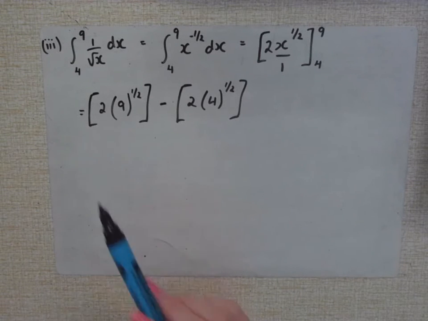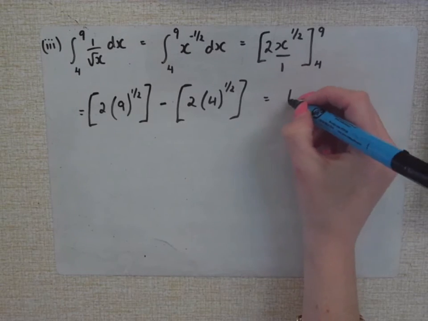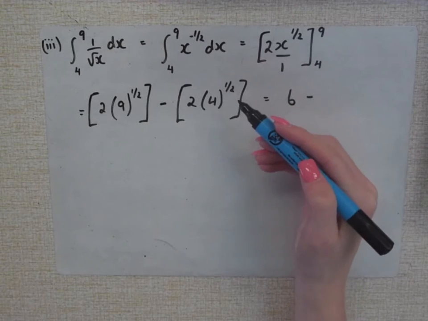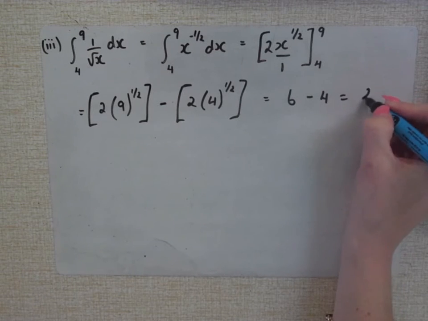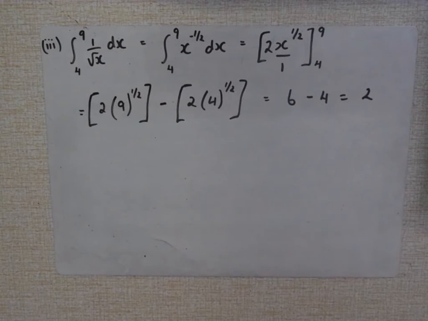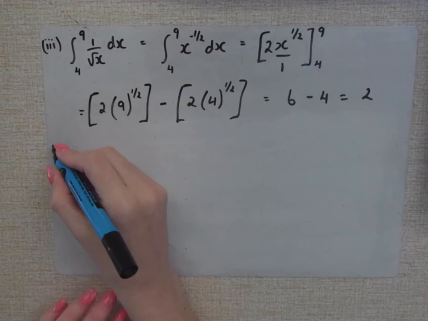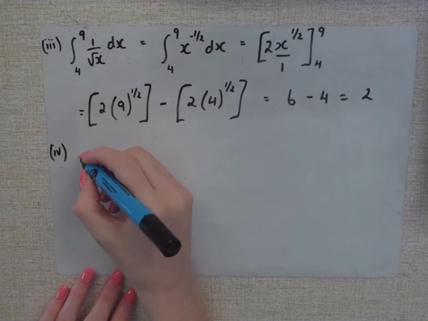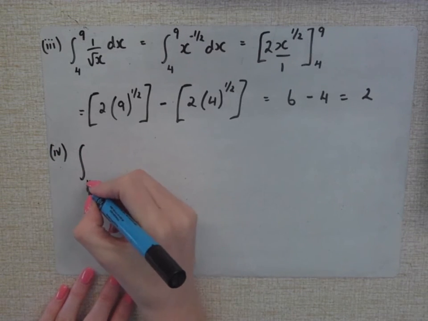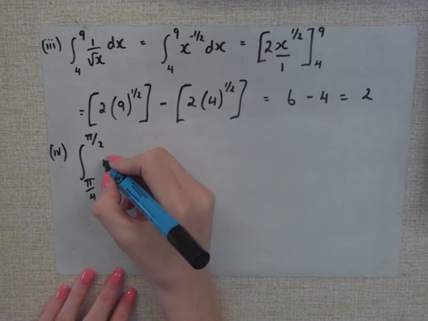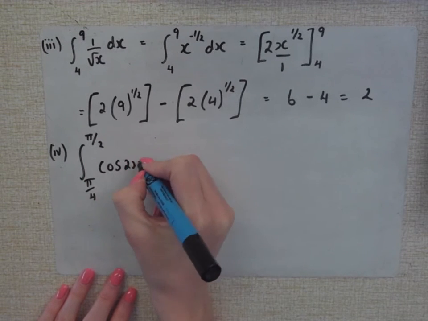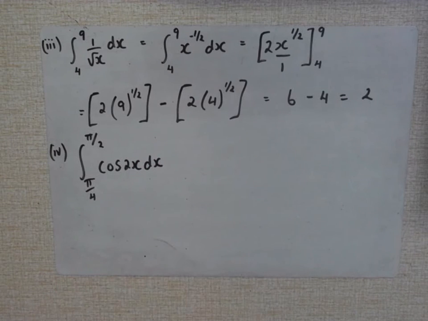Square root of 9 is 3. 2 3s is 6. And 4 to the power of a half is the square root of 4, which is 2. 2 2s are 4. So 6 take 4, which is 2. Okay.